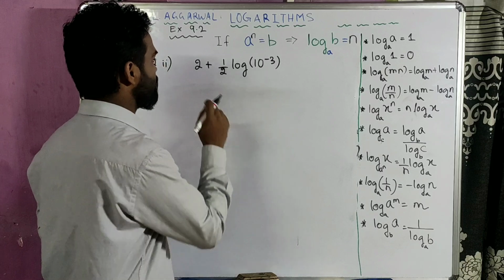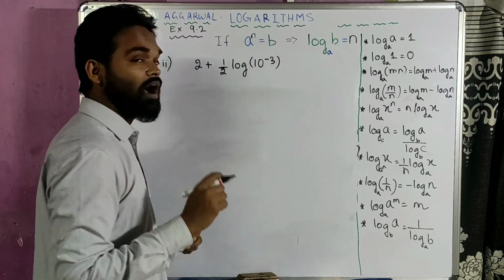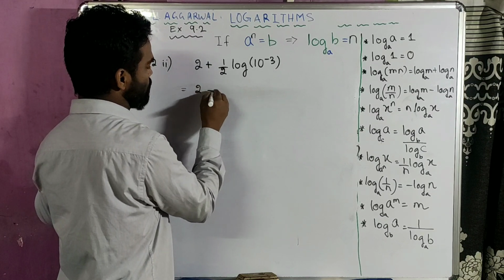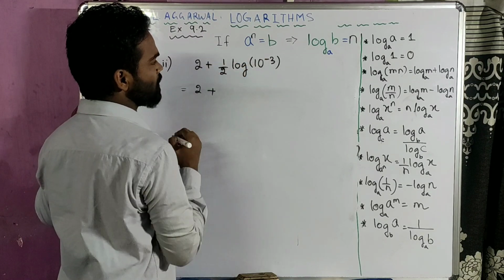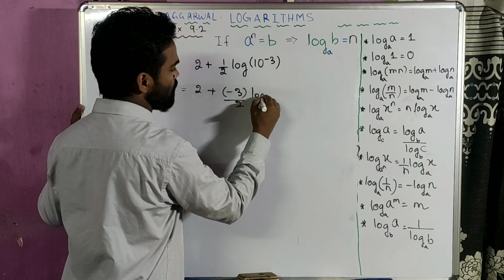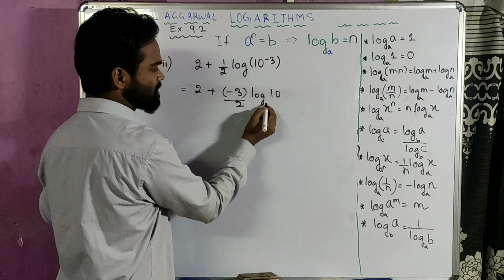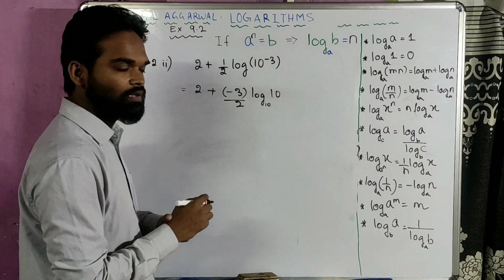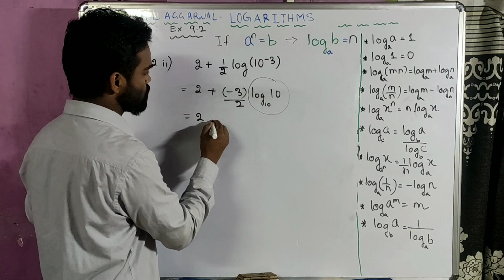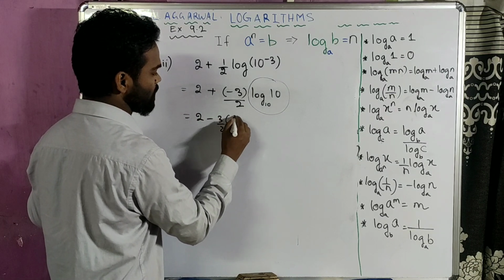Now look at this sum. Very easy. Simplify 2 plus half log 10 to the minus 3. Now we can write this as 2 plus this minus 3 comes in front. Okay, so minus 3 by 2 log of 10. We know the base is not given, which means the base is 10. We know the value of this is 1, so we can write this as 2 minus 3 by 2 multiplied by 1.